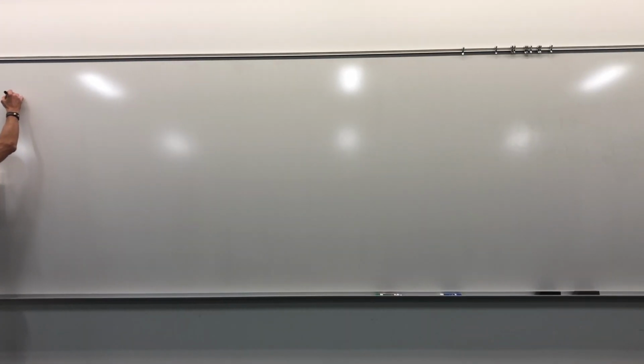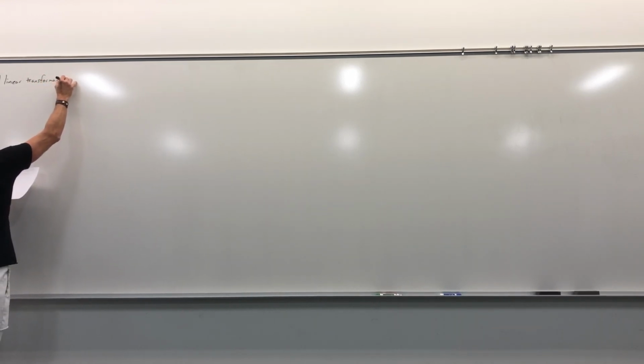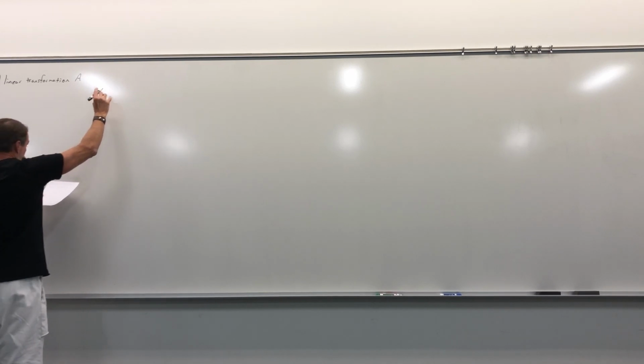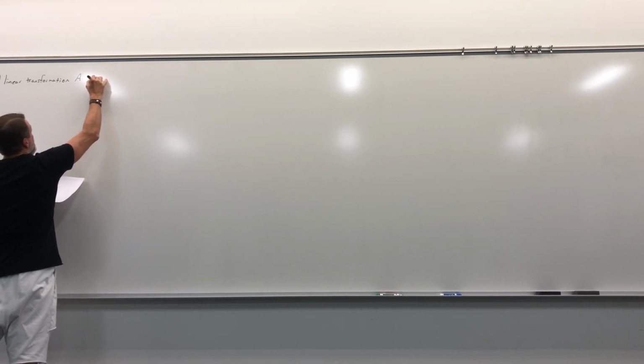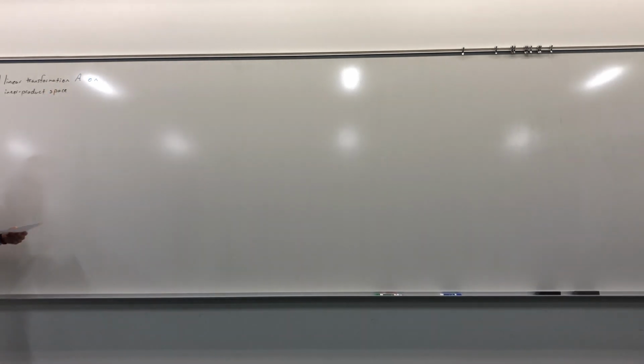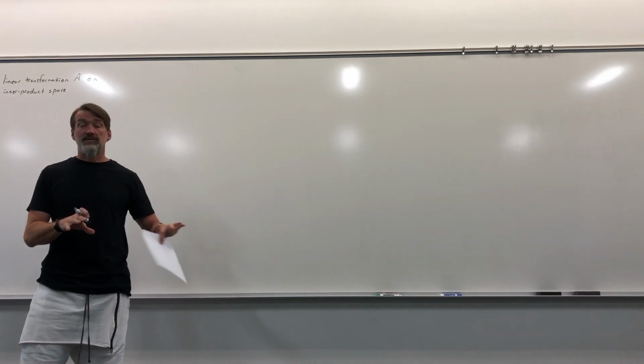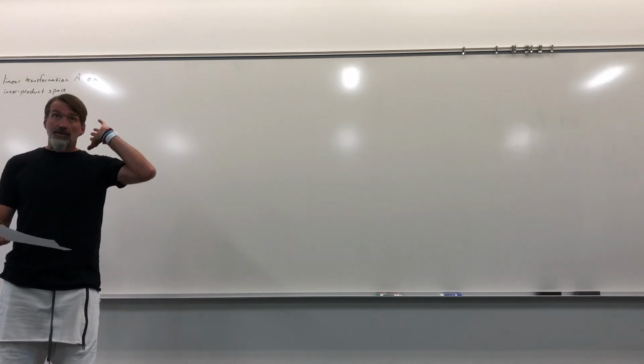Starting with this one, which I will come back to again and again, so I'm going to write it down and leave it up here. This is a theorem: a linear transformation A on an inner product space, so this is acting on a vector space for which there is defined an inner product, and it can be a general inner product on a general vector space. It doesn't have to be the dot product.